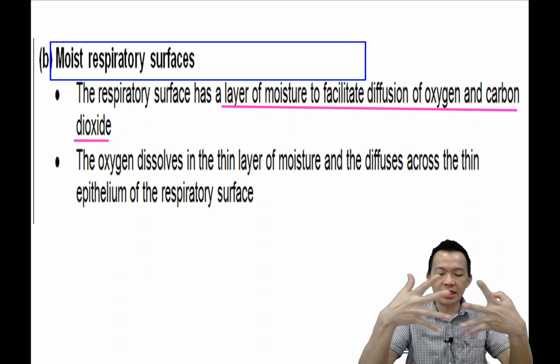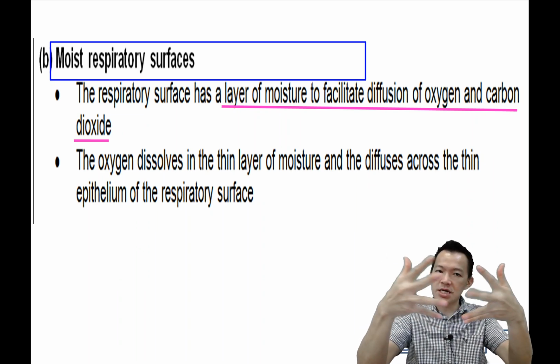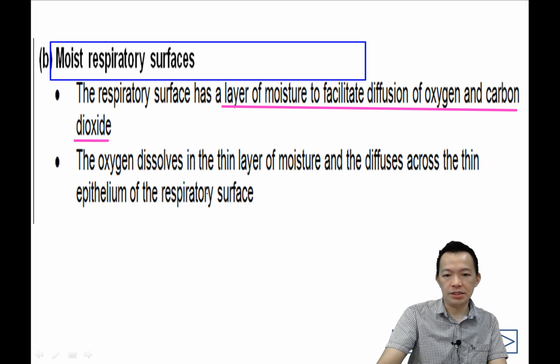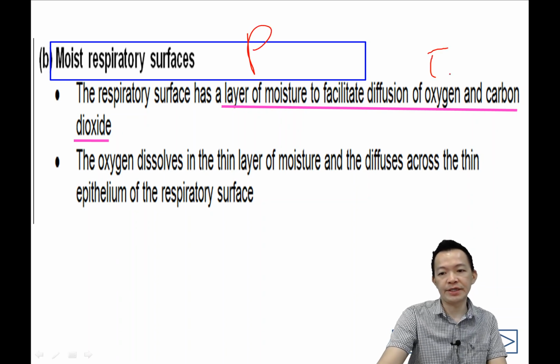To facilitate the diffusion, 帮助我们的氧气、二氧化碳呢来渗透。This is the point. This is the explanation.